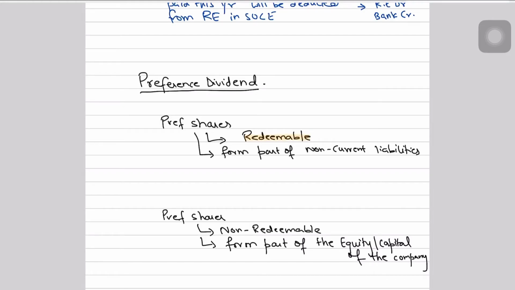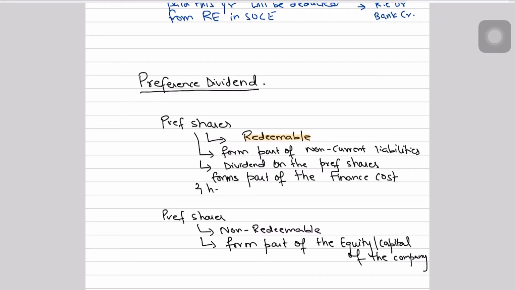If the preference shares are redeemable, then the dividend on the preference shares forms part of the finance cost and hence will be expensed out in the income statement.